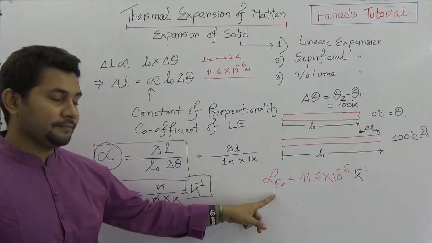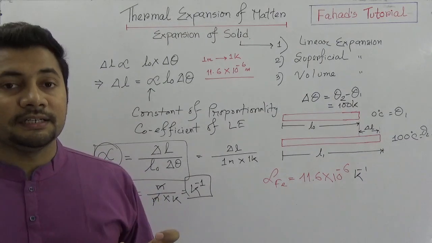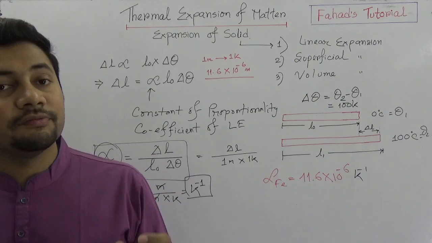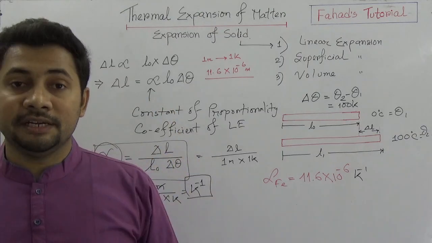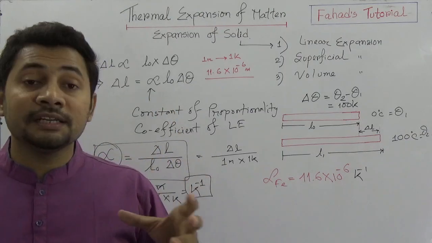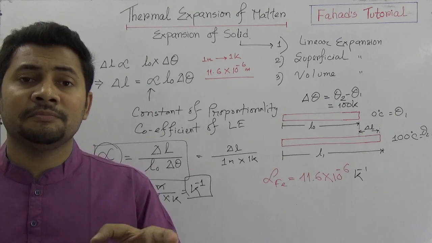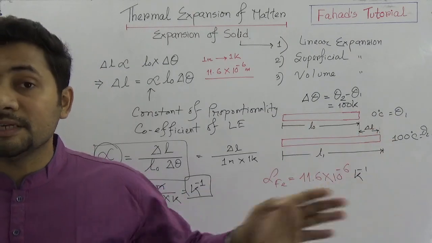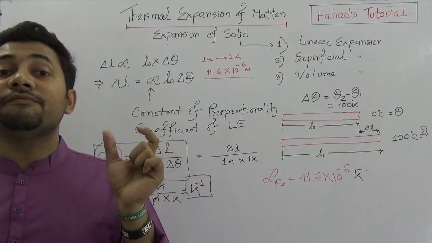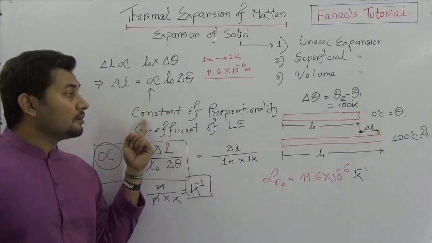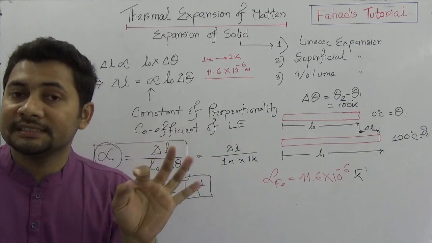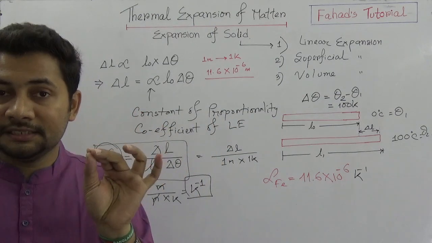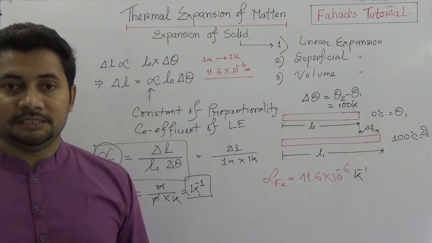So alpha denotes the coefficient of linear expansion, and it is different in different metals. In iron, copper, steel and other metals it is different, because it's a fixed value, the constant of proportionality. I hope you understand the basics of linear expansion.